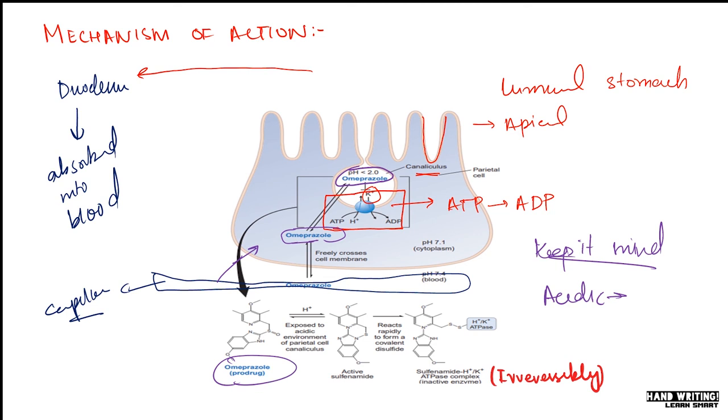So when they enter the canaliculus, they are exposed to the acidic environment of the parietal cell canaliculus and converted into the active compound called electric sulfonamide. This sulfonamide forms a covalent disulfide bond with the hydrogen potassium ATPase, which is an irreversible bond, and makes them inactive.